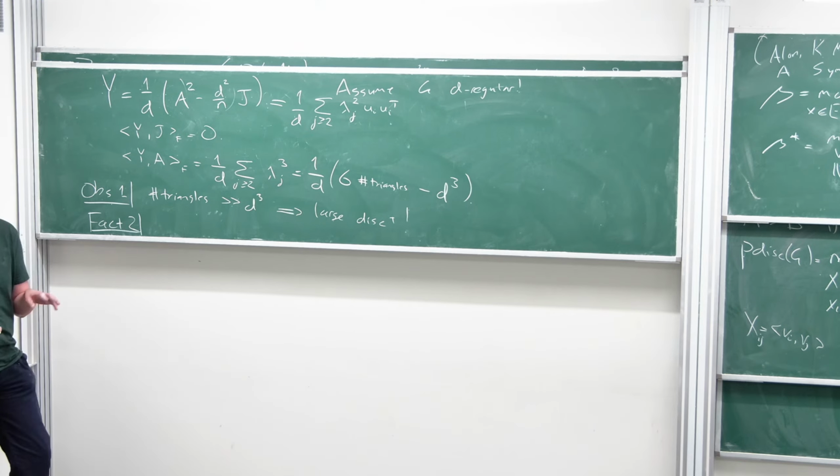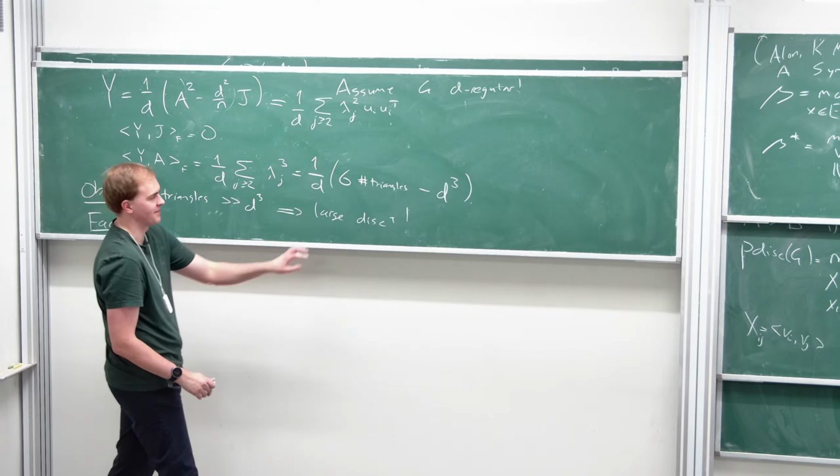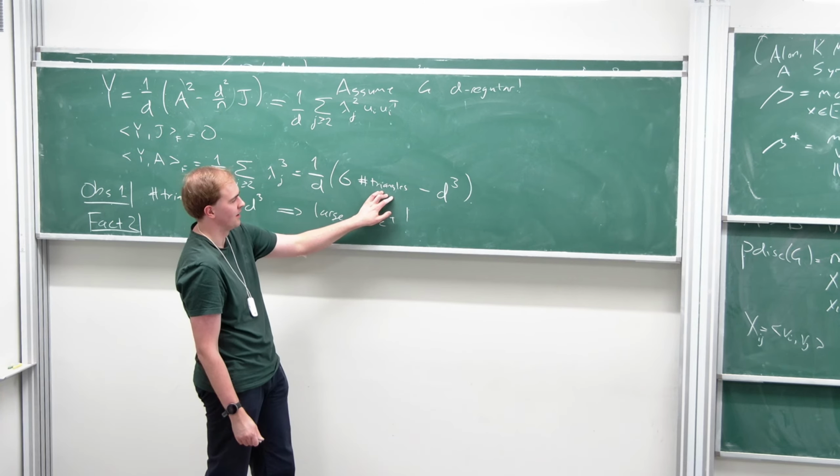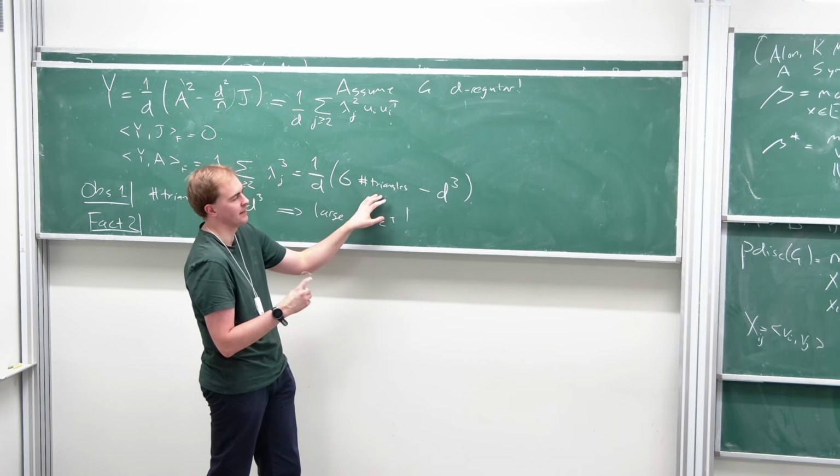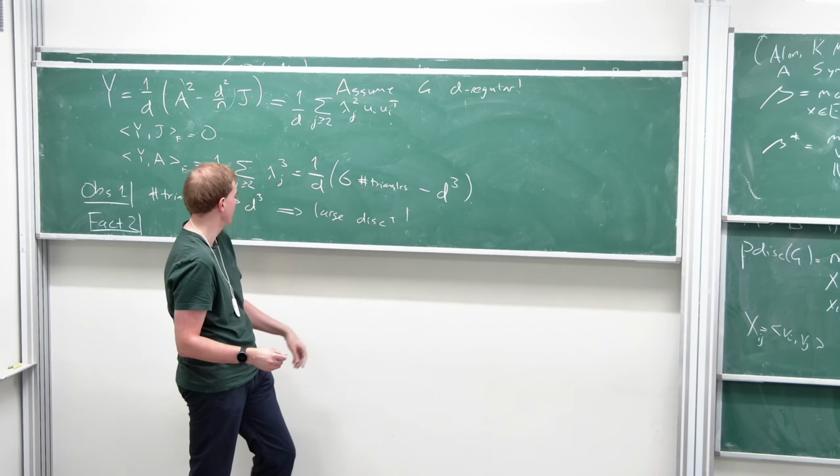A fact which I'm not going to really explain further is that other methods can actually be used to cover arguments where this is just a little bit smaller than d cubed.